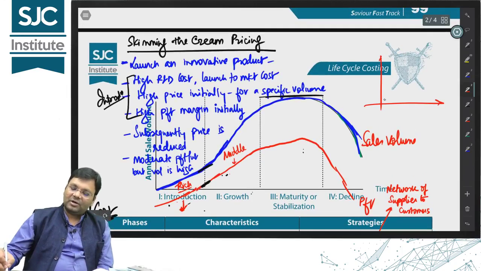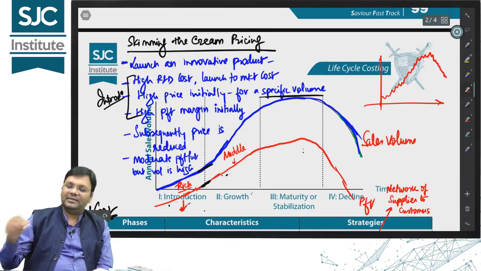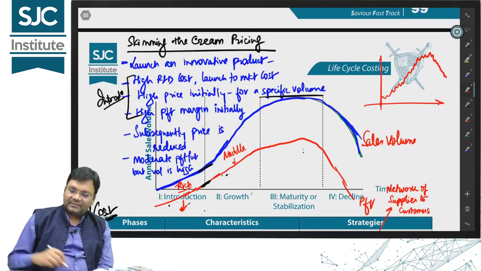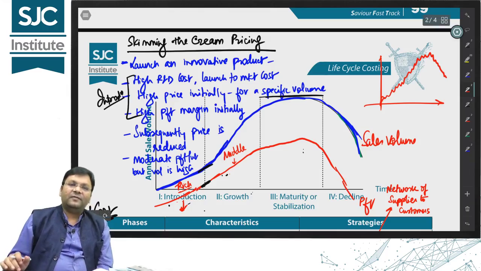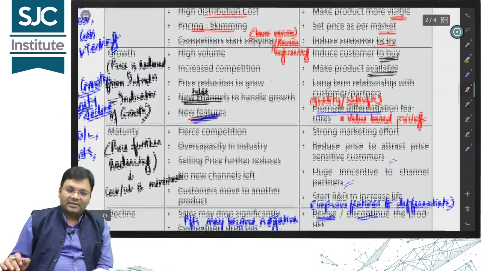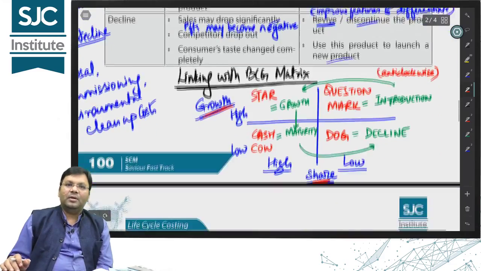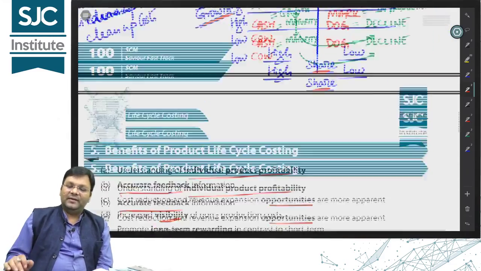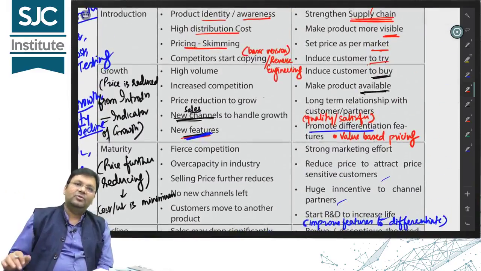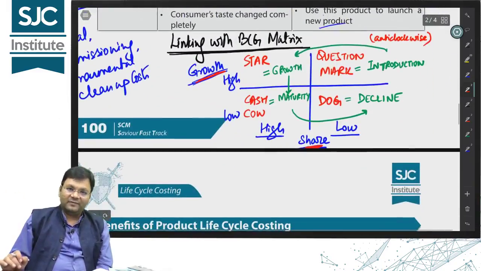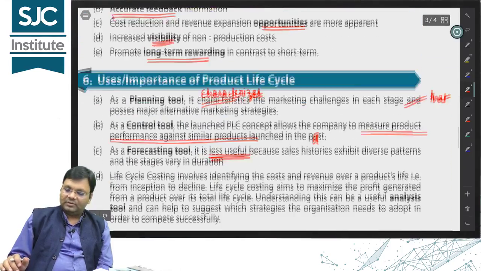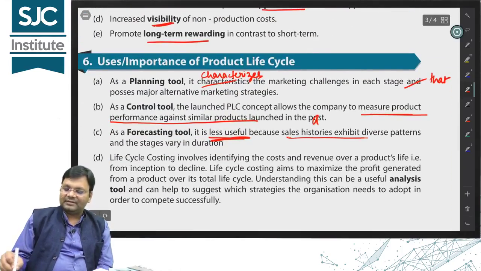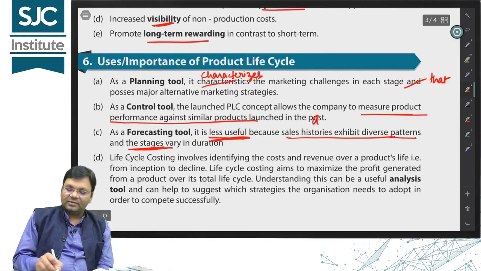It's like your stock market curves, up and down, so there is a lot of diversity. There is no such possibility to predict your pattern. If it would have been a straight line, you could have predicted, but if it is a curve, it is difficult to predict. So we say sales histories exhibit diverse patterns, and sometimes stages also vary in duration.